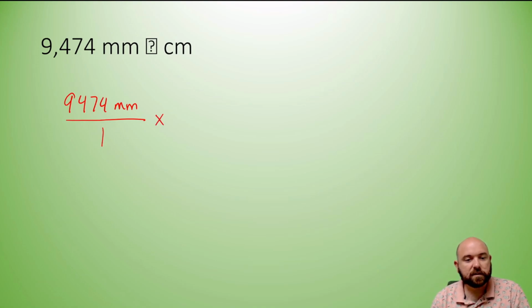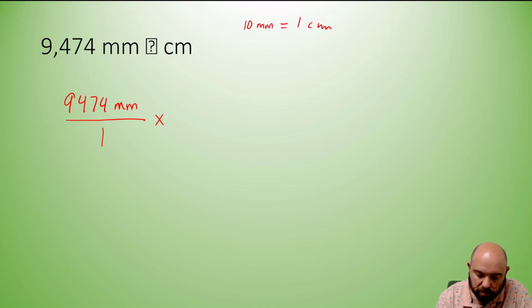And I need to determine some conversion factors that will help me move from millimeters to centimeters. And we looked at a few of those on our SI unit slides. We may remember that there's a pretty straightforward conversion that says that there are 10 millimeters in 1 centimeter.